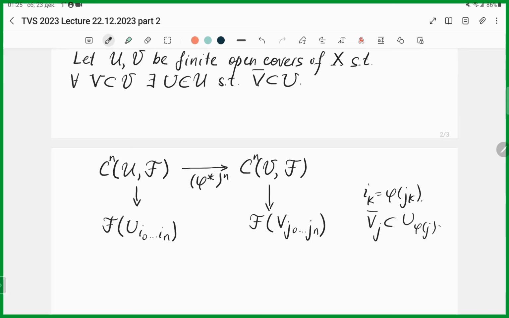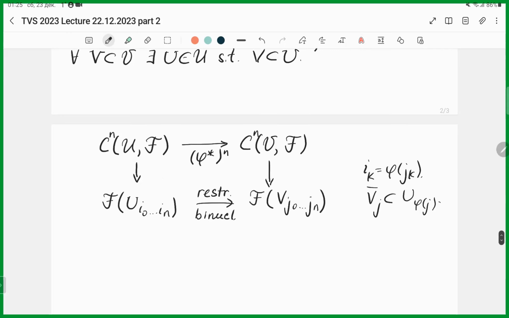Okay, and here we have the restriction map. We already observed, this was a little exercise for you, that this restriction map is binuclear. And this easily implies, again a little exercise, that phi star n is also binuclear.